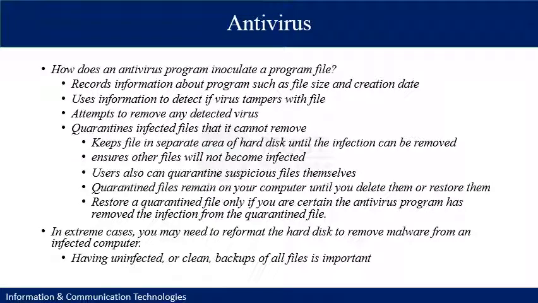So antivirus is a program that hinders the effectiveness of viruses. How does it do that? It usually records information about the program, such as the file size and creation date. It uses this information to detect if a virus tampers with the file, and it attempts to remove any detected viruses.